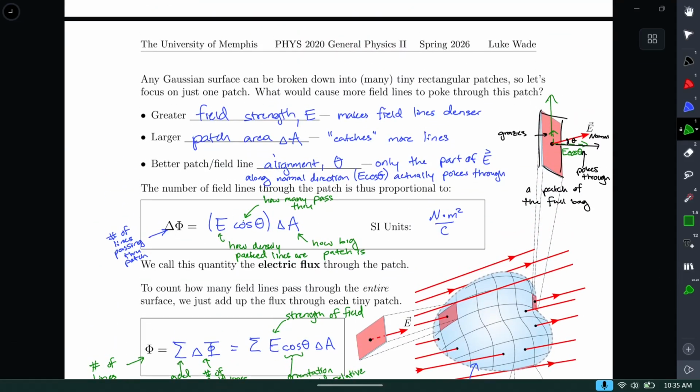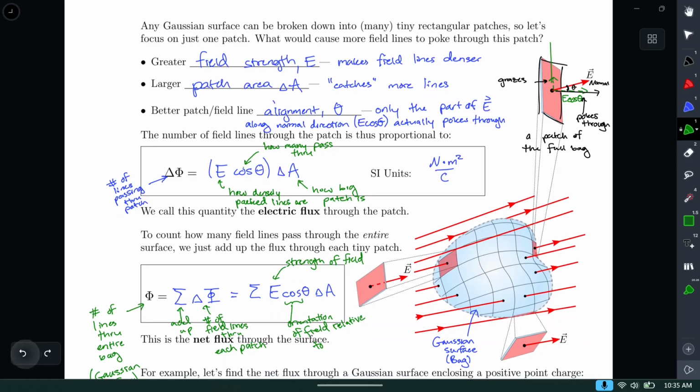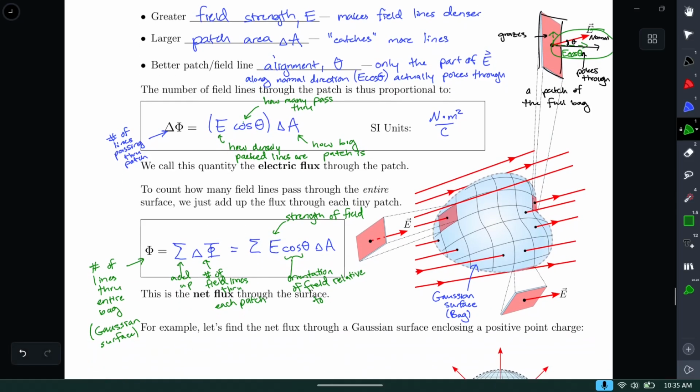That's going to mean that it's grazing, but cosine of 0 is 1, meaning we get a large number out. That's a little bit opposite to what we're trying to do. Because if it's grazing, we don't expect any lines poking through. Why are we getting a large number for that? It's this normal vector. That's the nose of the patch. The direction it's facing is what's important. So not the patch itself. It is a feature of the patch, but what we're trying to describe is whether the field pokes into or out of it.